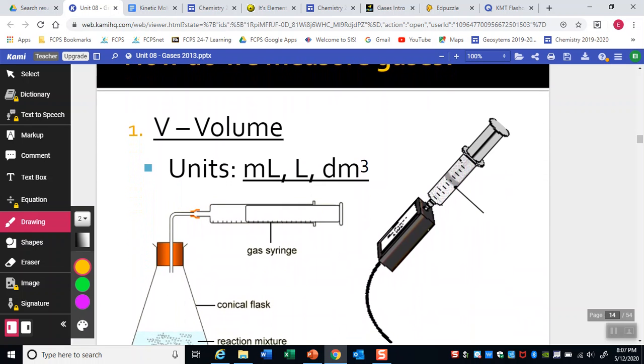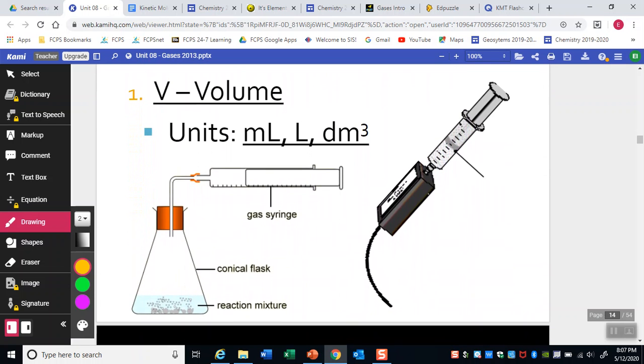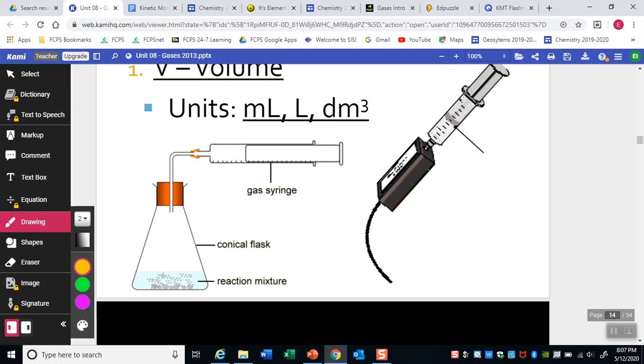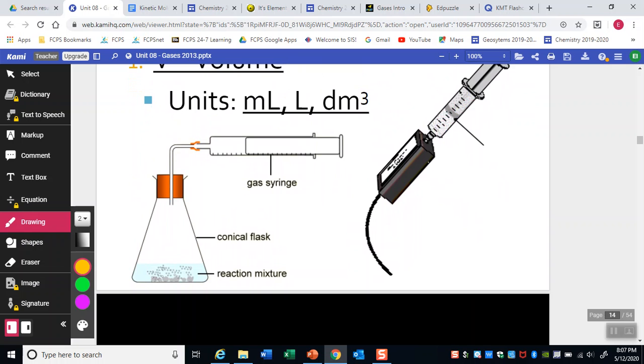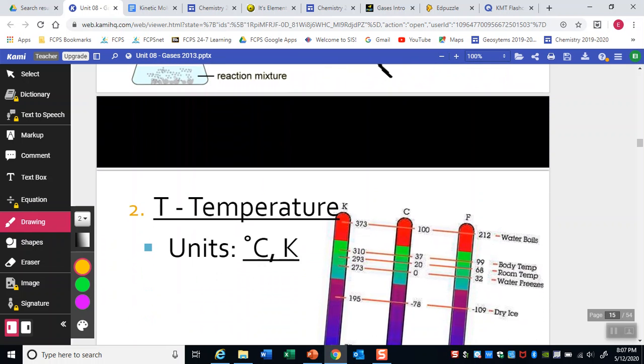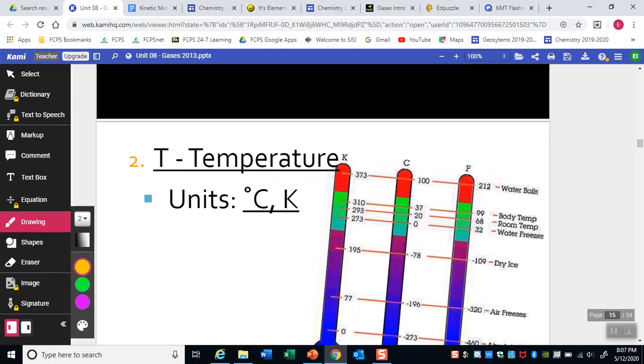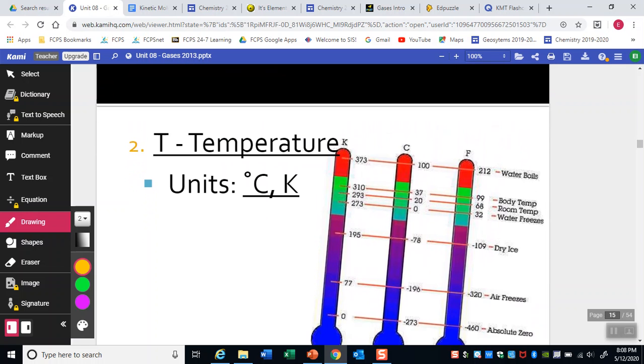So we have volume, and the units for that would be milliliters or liters or cubic decimeters. Another property we can measure is the temperature of a gas, and we would do that with degrees Celsius or kelvins.